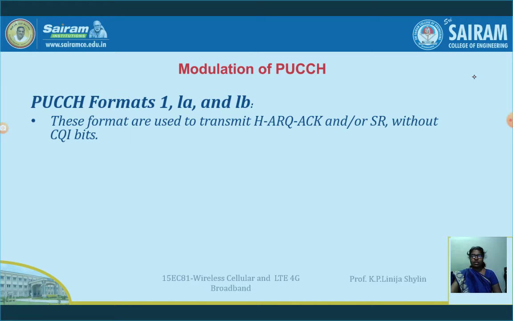Whenever the acknowledgement and the scheduling request bit are transmitted in the same subframe, there are two types of transmission, that is negative scheduling request transmission and positive scheduling request transmission.